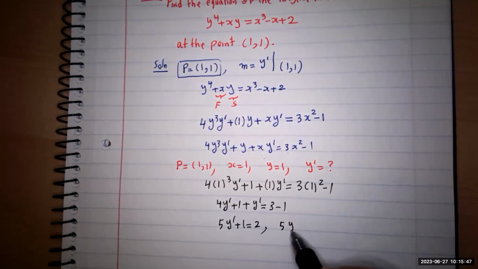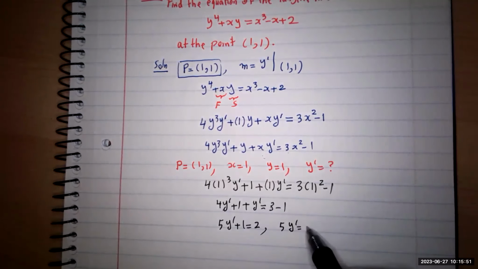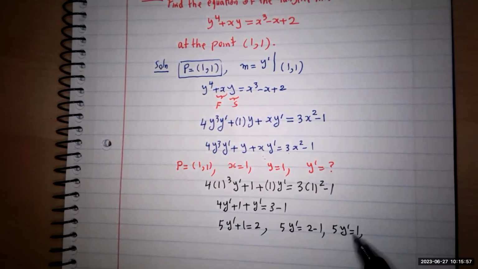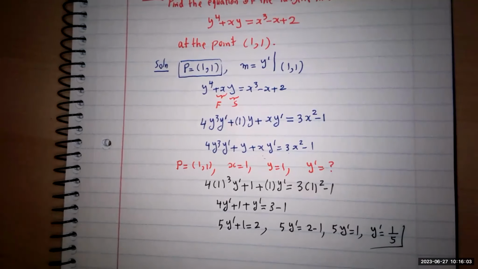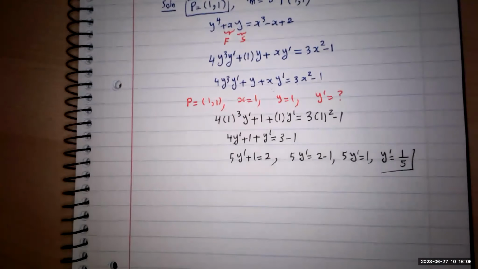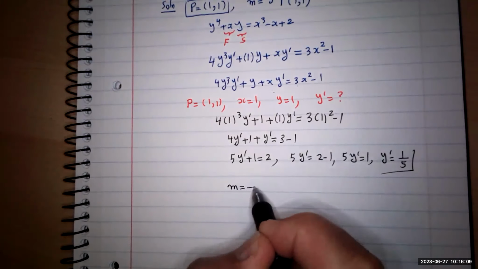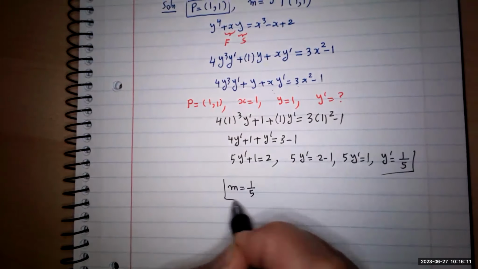So 5y prime is going to be 2 minus 1, so 5y prime would be 1. So y prime would be a fifth. This is going to be the slope. So the slope is 1/5.